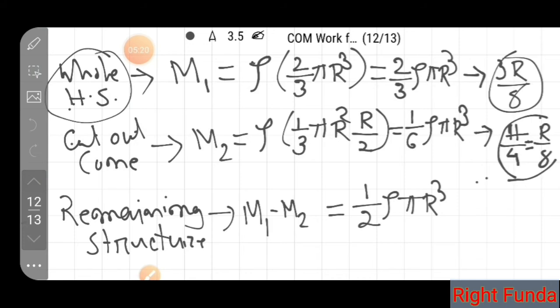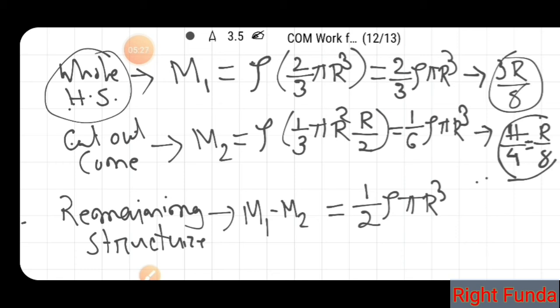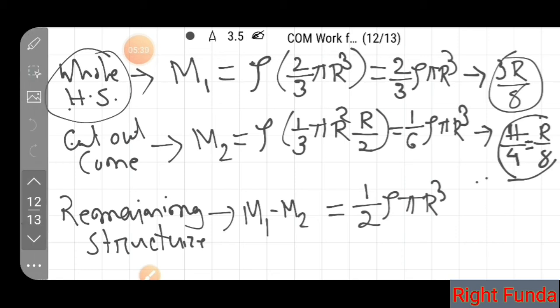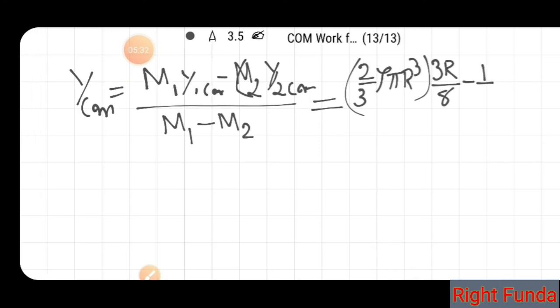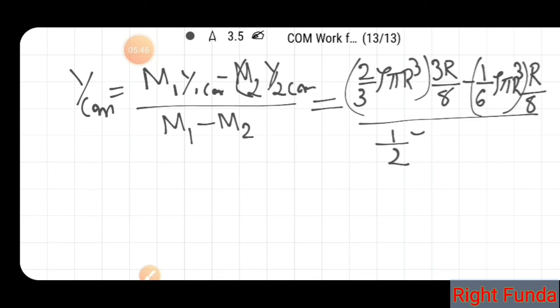We found the mass to be 1 by 6 rho pi r cube, and center of mass will be r by 8 height above, so minus 1 by 6 rho pi r cube into r by 8, divided by m1 minus m2. We have calculated that as 1/2 rho pi r cube. So everywhere this rho pi r cube can be taken outside.